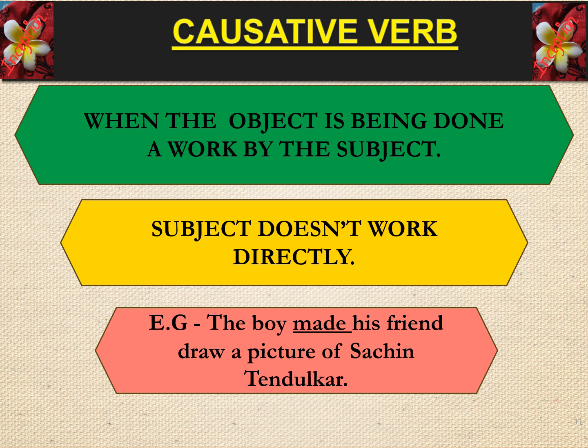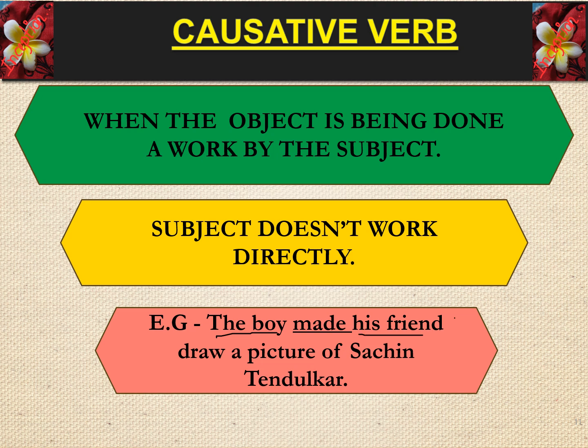The boy made his friend draw a picture of Sachin Tendulkar. Here, what is the subject of this sentence? The boy. But is the boy drawing the picture? Answer is no, right? Who is drawing the picture? His friend.